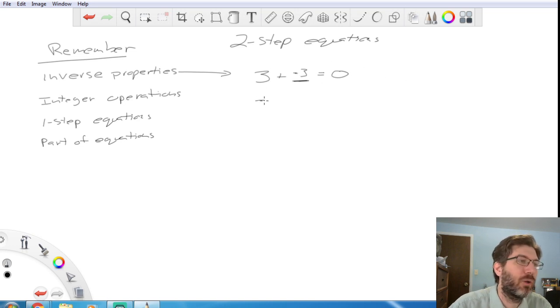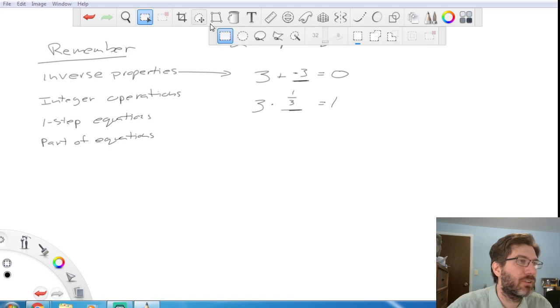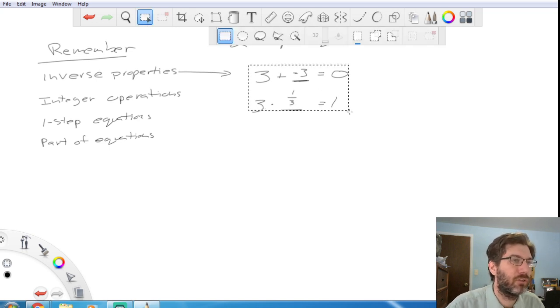And then what do I multiply to 3 to get 1? Well, that's 1/3, or I divide by 3 to get it. So those are your inverses. Just remember it's like the opposite operation, so to speak. But you do that all the time when you're doing one-step equations. Just start using the word inverse.